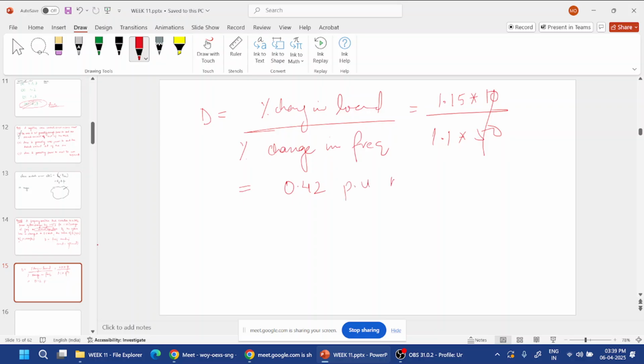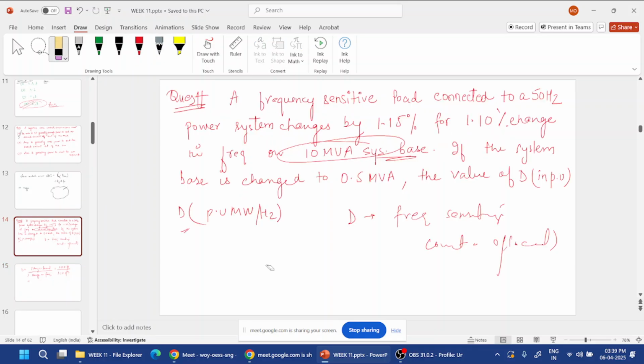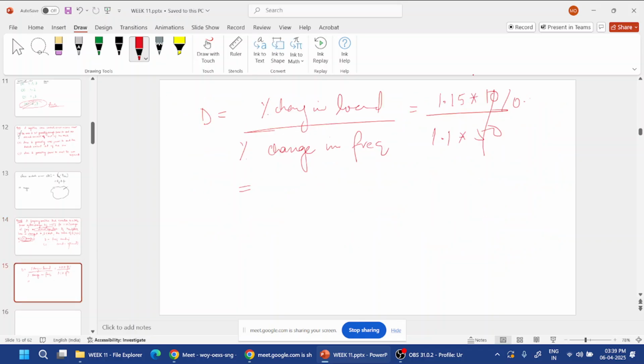Just a second, one thing more. D is always in per unit. In the question it is given that the system base is changed to 0.5, so we will divide 10 by 0.5, and the system base will change. So it will be 1.15 into 10 divided by 0.5, divided by 1.1 into 50, which comes out to be 0.42 per unit megawatt per hertz.